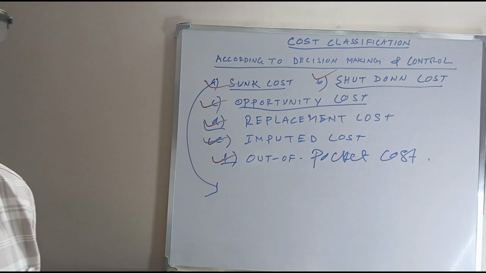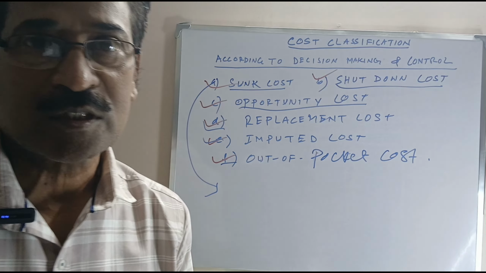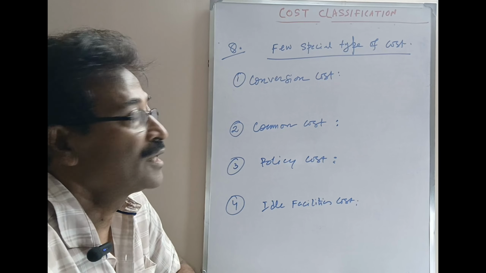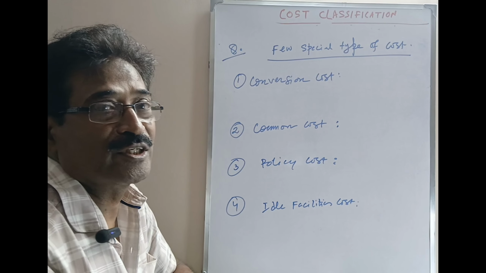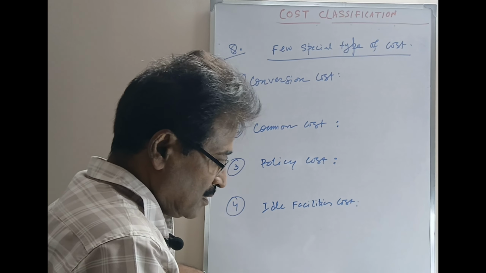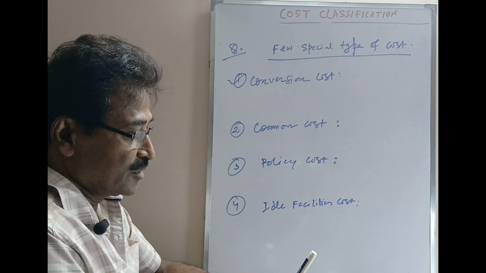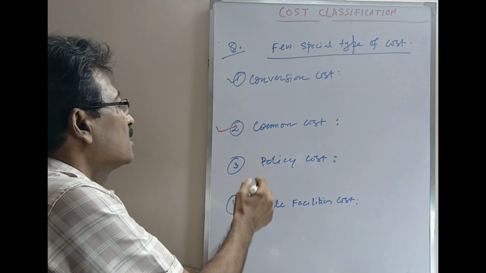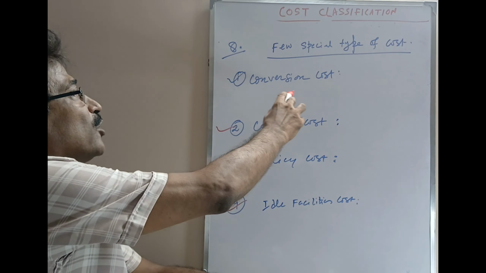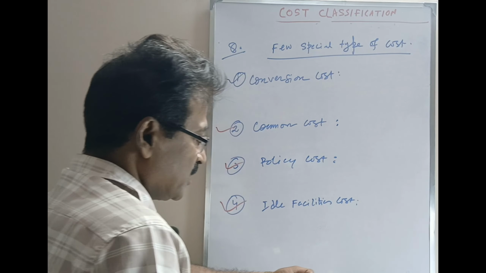So there are some other special types of cost. There are few special types of cost like conversion cost, common cost, policy cost, and ideal facilities cost. Conversion cost. What is this?